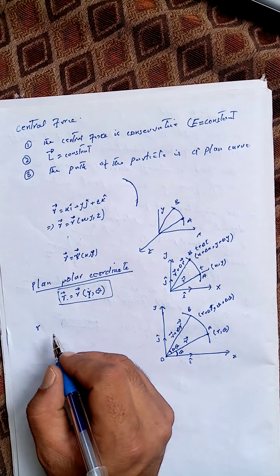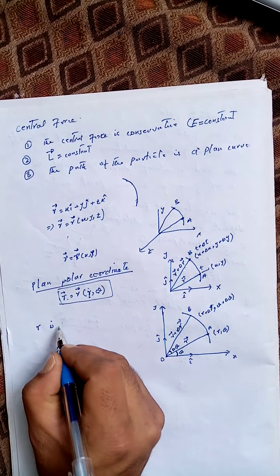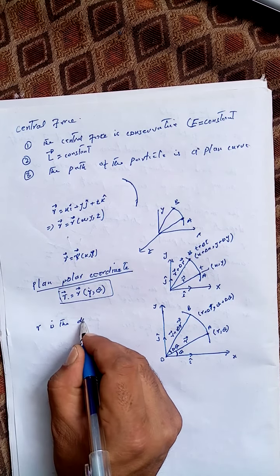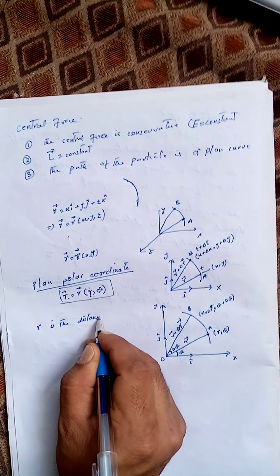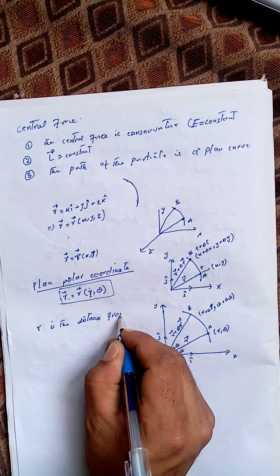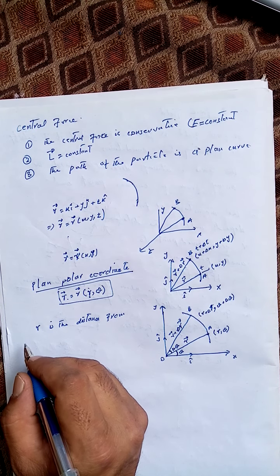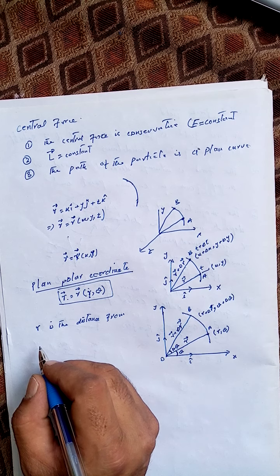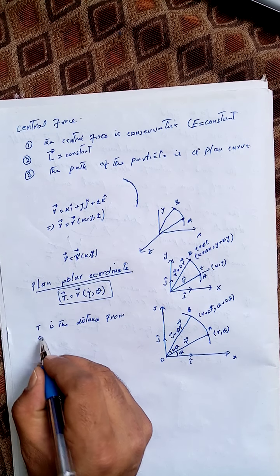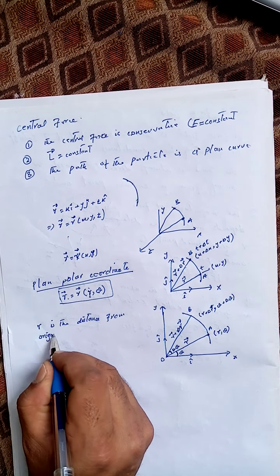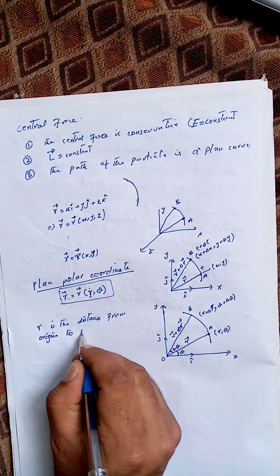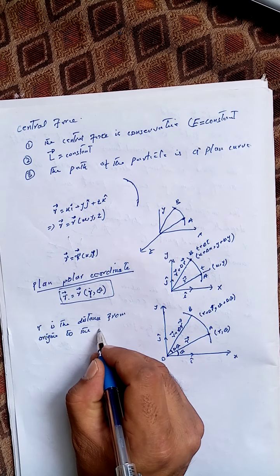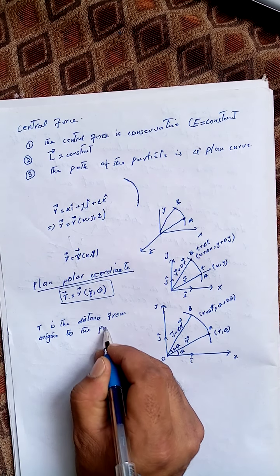R is the distance from origin to the particle position.